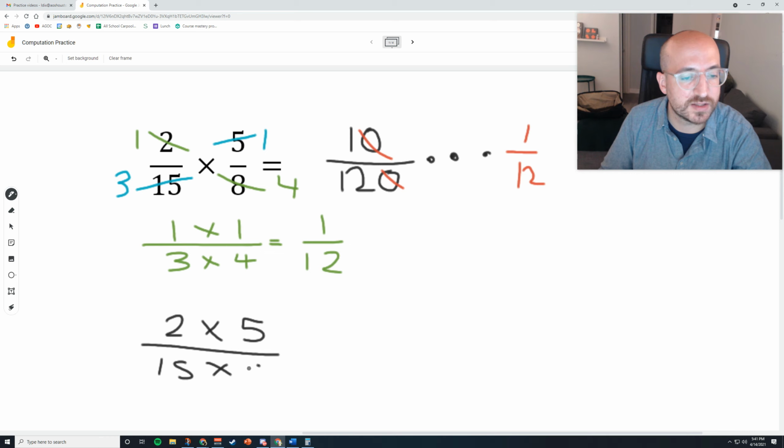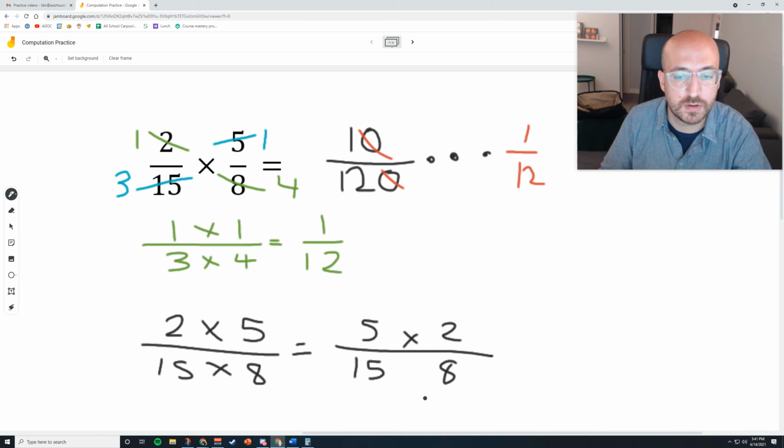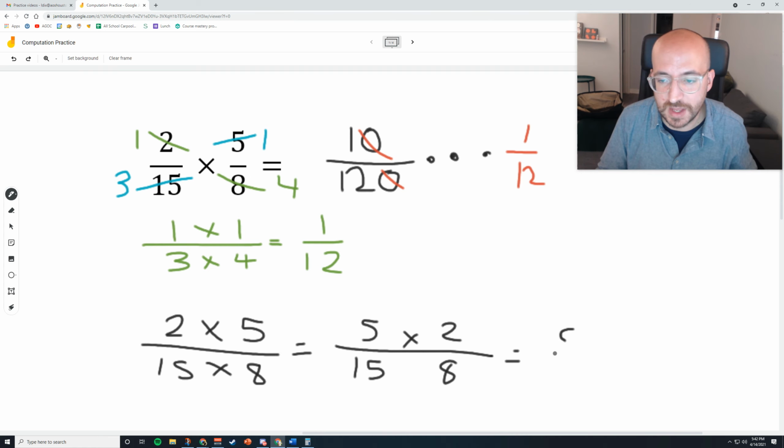Something Mina likes to talk about is that with the commutative property, when we did this in class, she really liked this. With the commutative property, we could rewrite it, switching the order, right? 5/15 times 2/8.